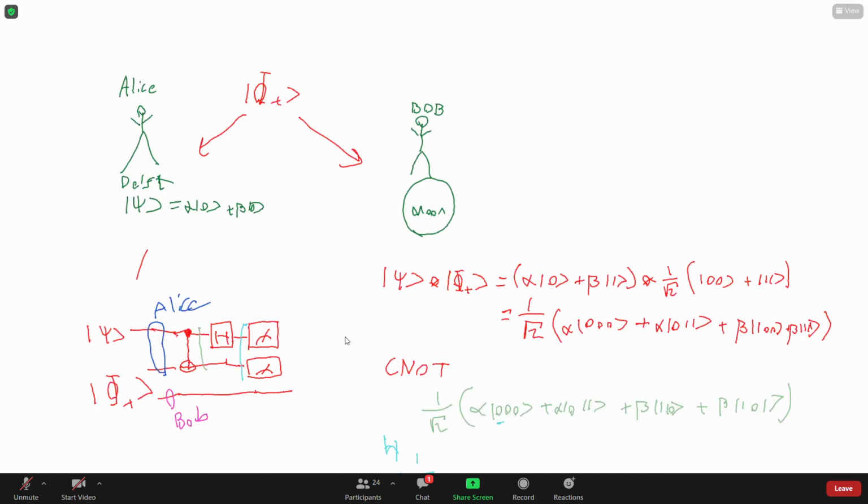So let's maybe for convenience just write now the alpha here. We can take the 0 state out of the parentheses, so we get the plus state, which is (|0> + |1>)/√2, times |00> plus |11>.